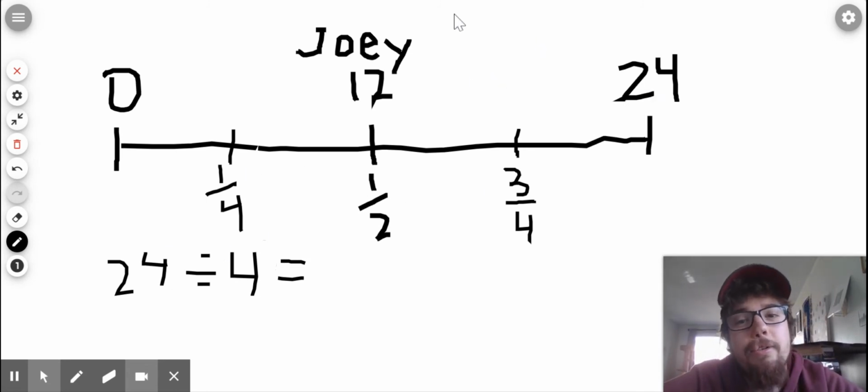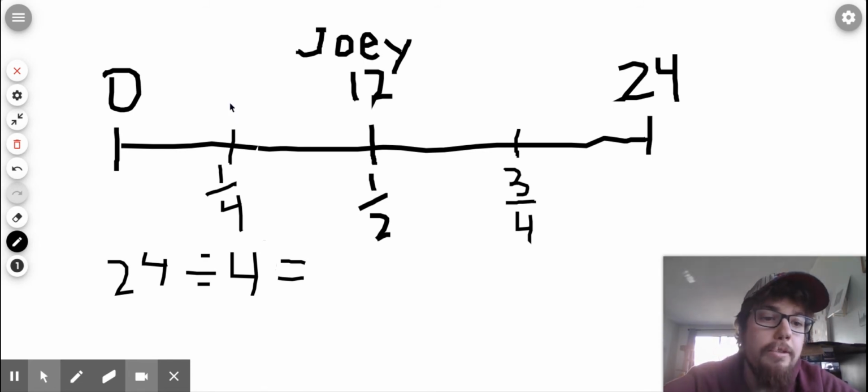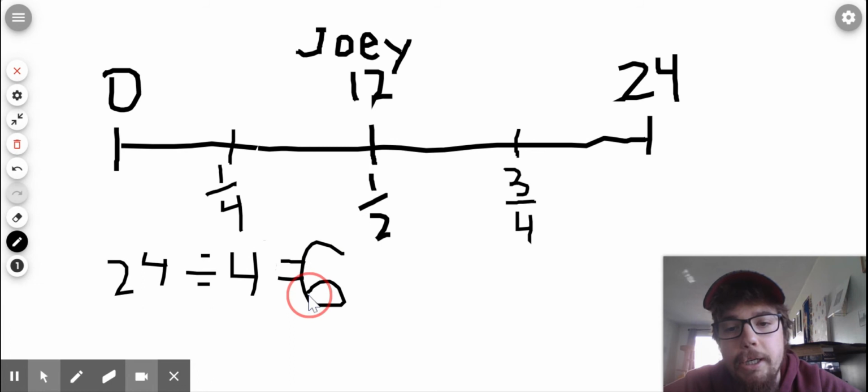So we did 24 and 1/2 was 12. If you could half 12 once more to get to 1/4, that's going to be it. So 1/2 of 12, that's probably easier than thinking about 24 divided by 4. So 12 split in half again would be our big 6, okay? So we know this right here is 6.